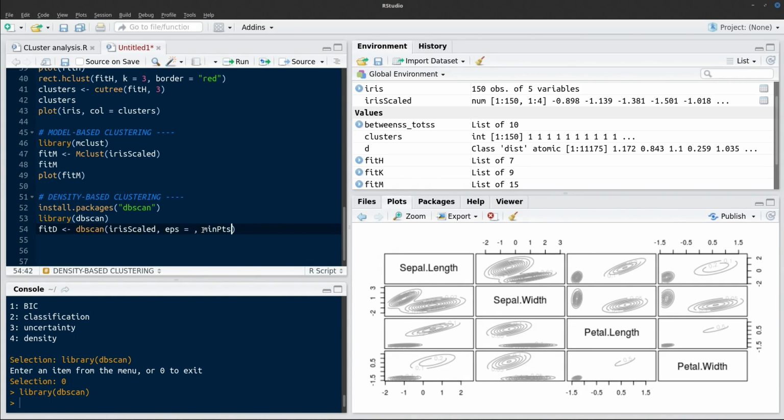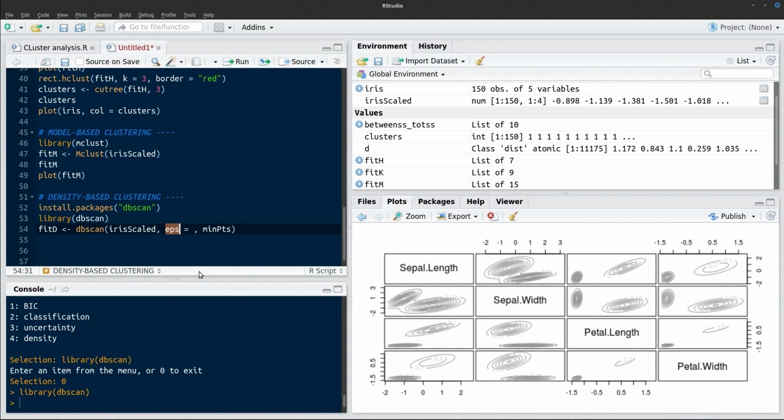So if the value of minPts, if this many observations is found within the eps distance of an individual observation, then the software will start a cluster.